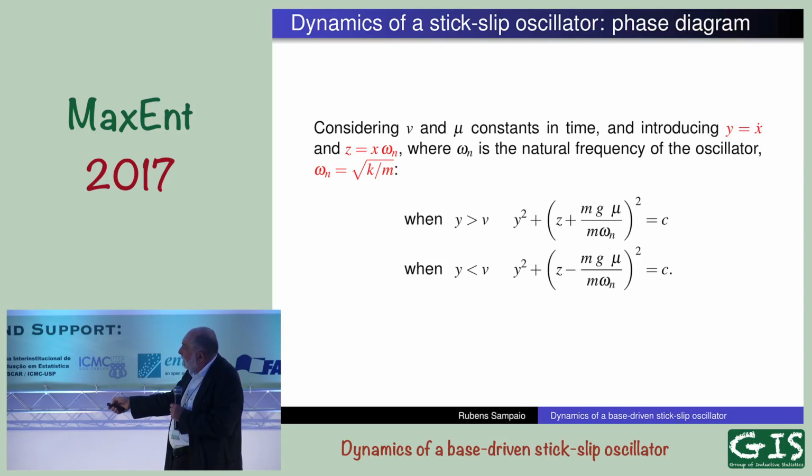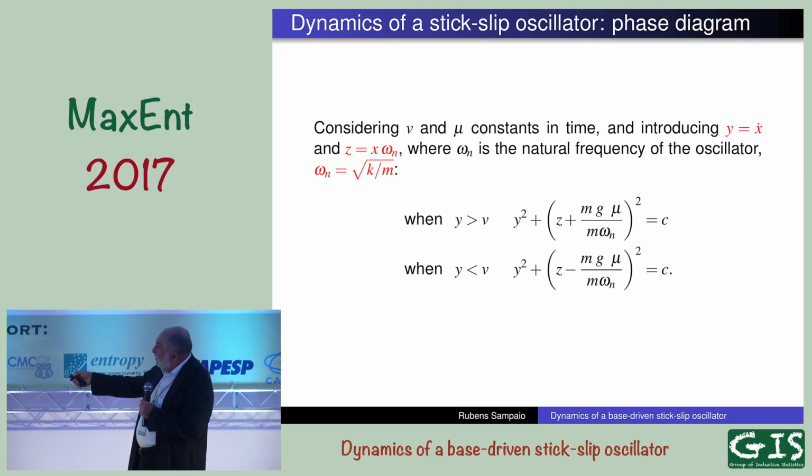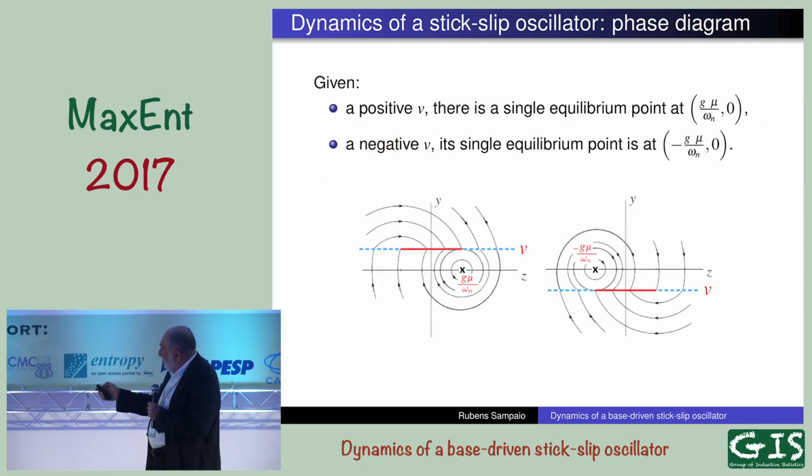So this thing is the natural frequency of the mechanical system. If you solve for the phase plane, you get these two equations. If y is bigger than v, you get this. If y is less than v, you get that one. So this thing gives you this.